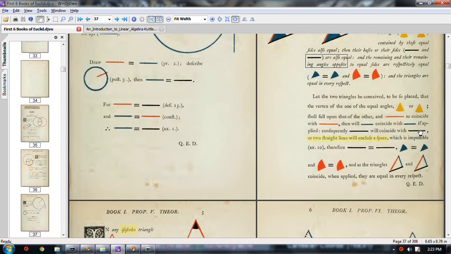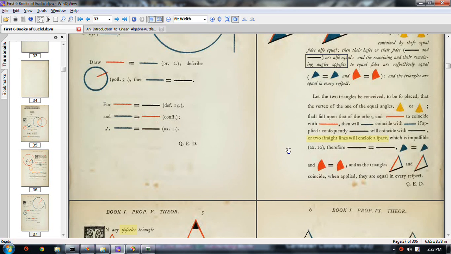Consequently, the bases indicated in black, which is white for me, will also coincide. Now here's the part that confused me for a while, but I think I've sorted it out. What's missing?